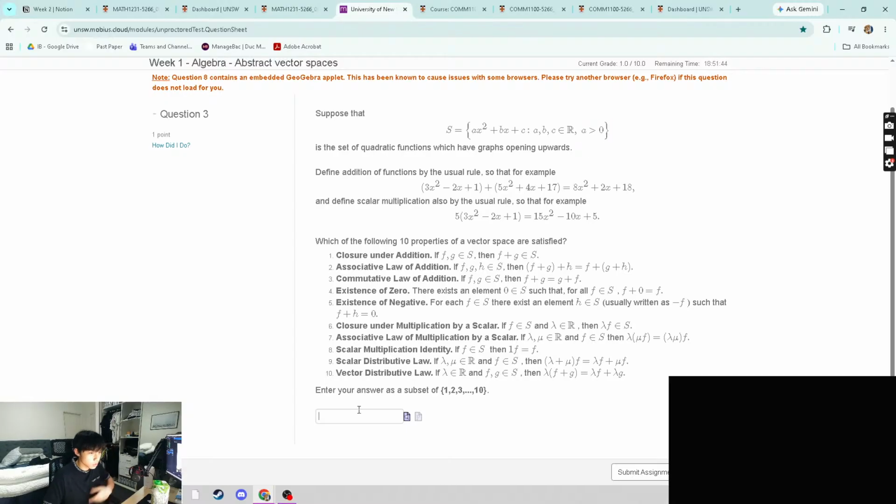So 1 and 2 work. 3 works. 4 doesn't work because a is larger than 0, not larger than or equal to 0.